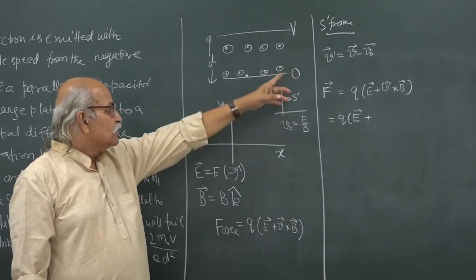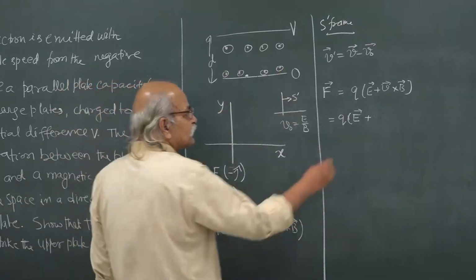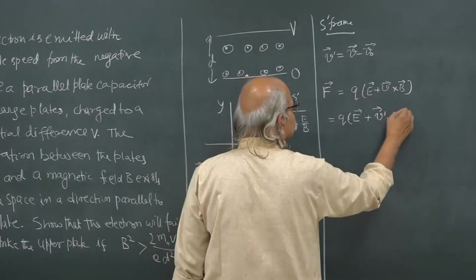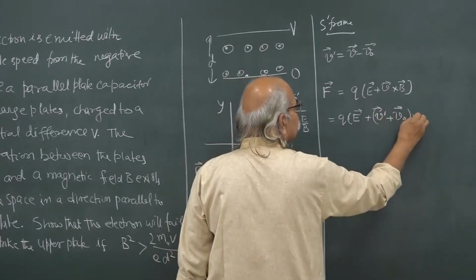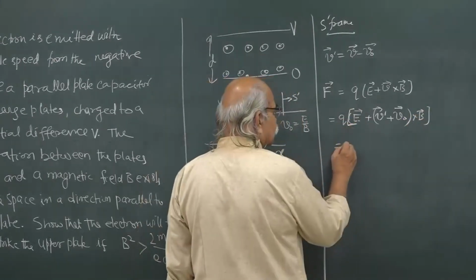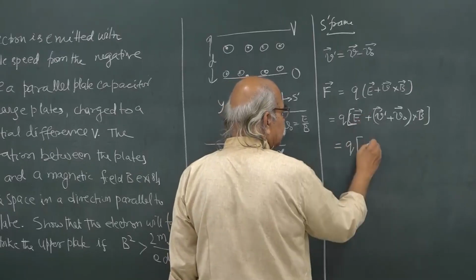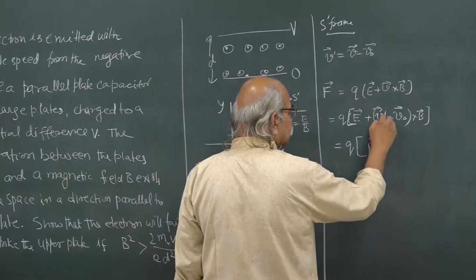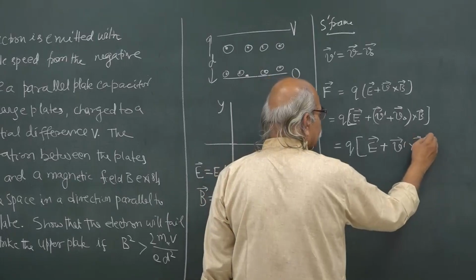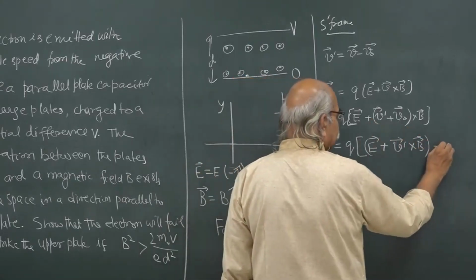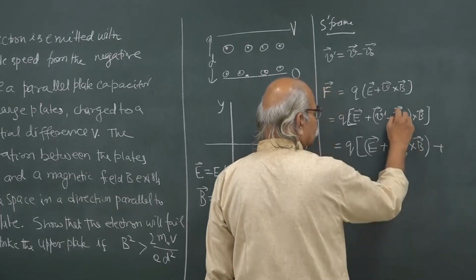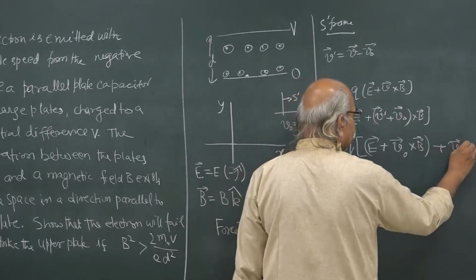So, we are subtracting to get the velocity in this S prime frame, and therefore, this V can be written as V prime plus V naught, and then cross B. So, this is equal to Q times E plus V prime cross B plus V naught cross B.